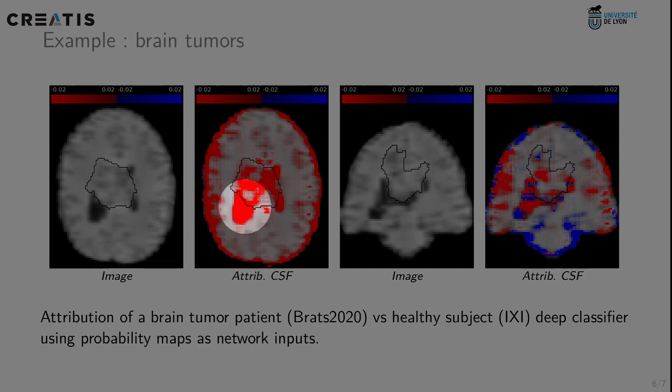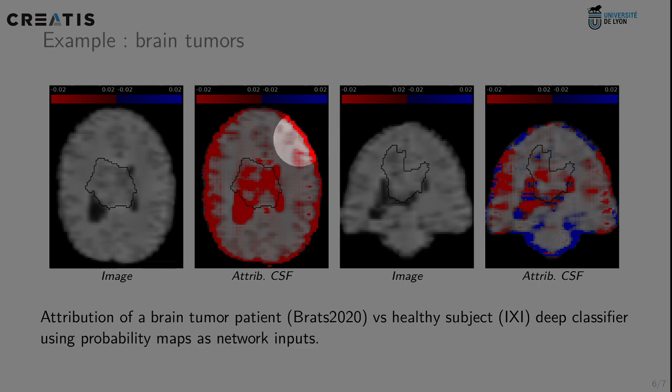Here we can see also that the ventricles are contributing positively in the decision. This is because brain tumors are changing the shape of the elements around it, and the network has learned to see that deformation of the ventricles are a marker of brain tumor.